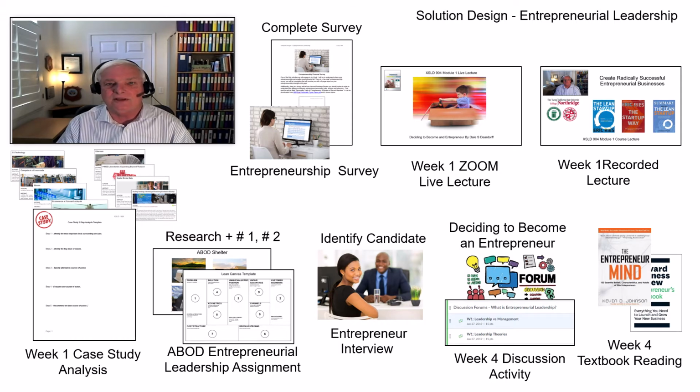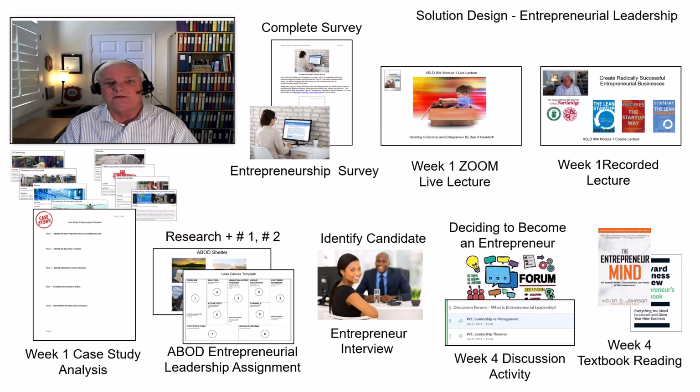So this is an exciting program we've designed for you, Solution Design, and the certificate program has got the component that you're in right now called Entrepreneurial Leadership. In this Entrepreneurial Leadership module, we're going to explore entrepreneurship on a lot of different levels.